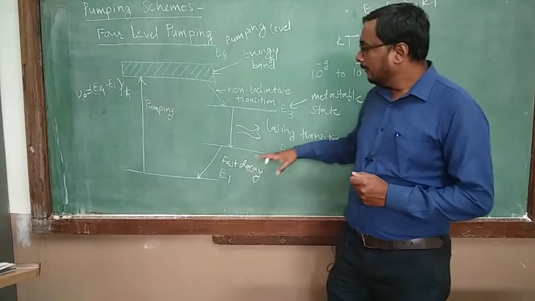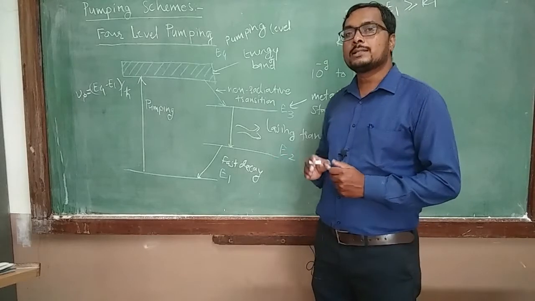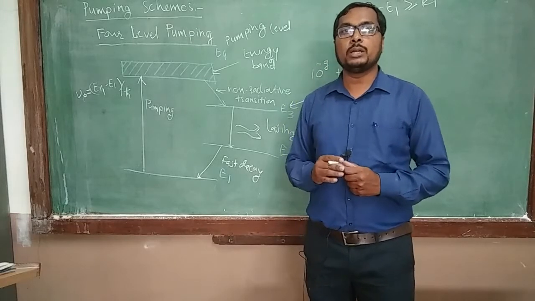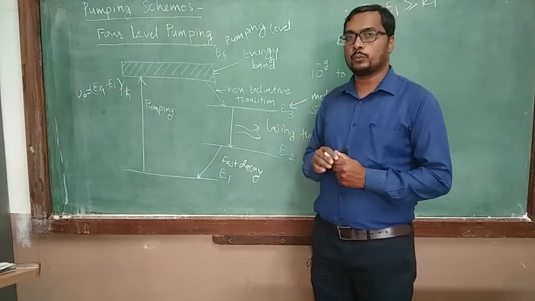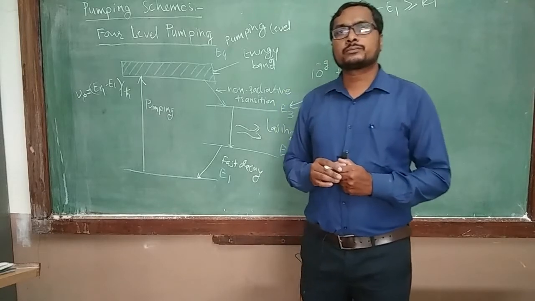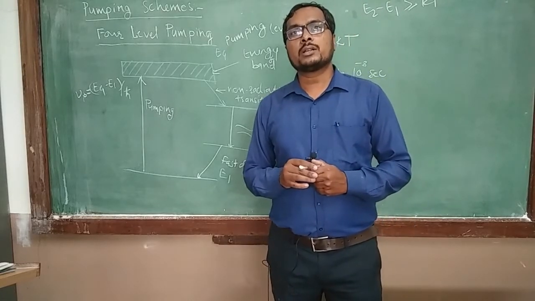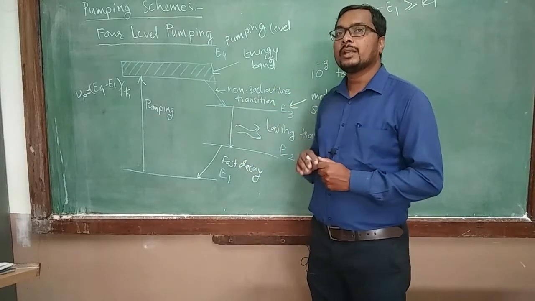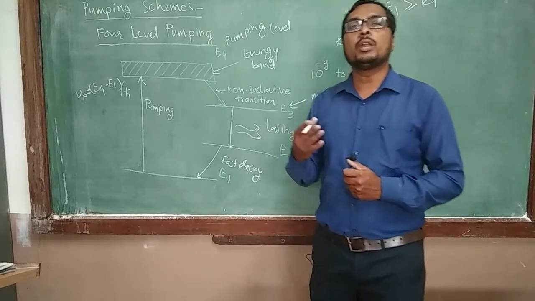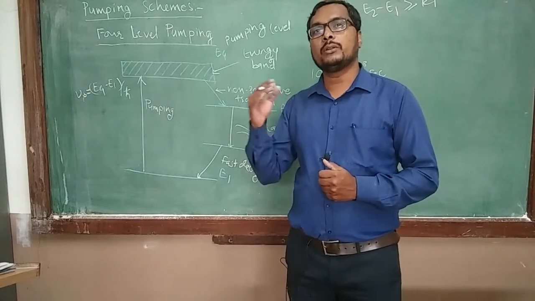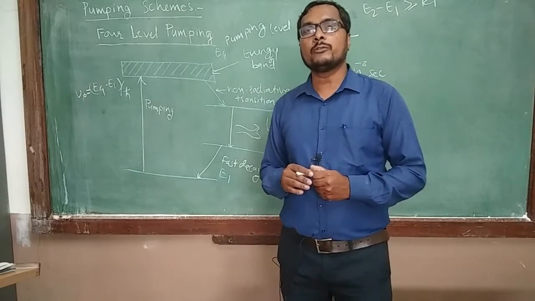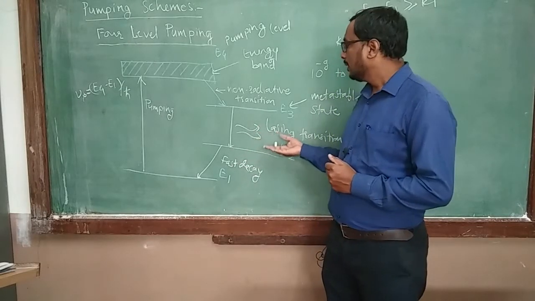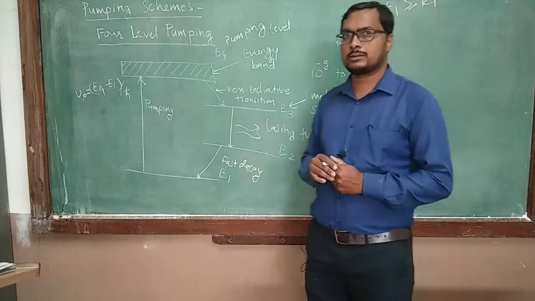It is because the lower laser level E2 is virtually empty, and therefore population inversion can be easily achieved between these two levels E3 and E2. A photon falling due to the spontaneous process from level E2 to E1 triggers these stimulated transitions between the two levels, and therefore once the stimulated emission commences, we get the lasing transitions.